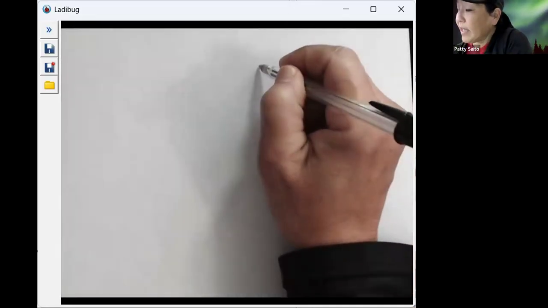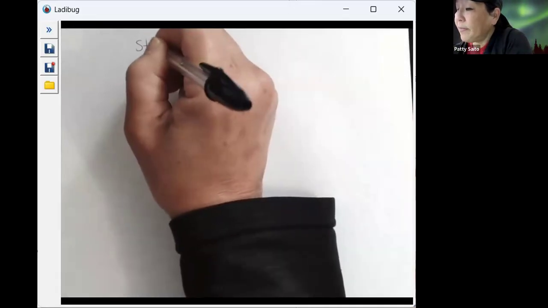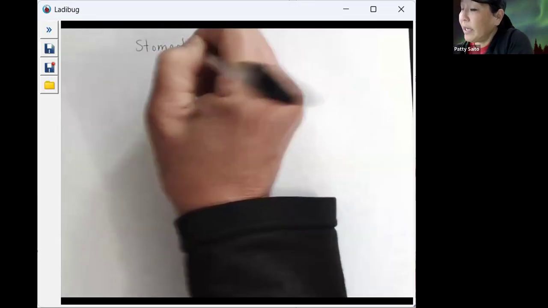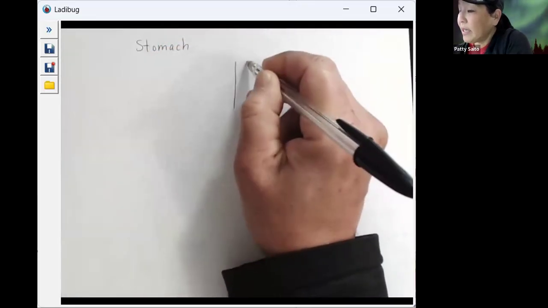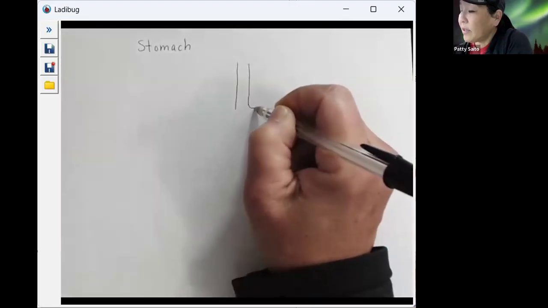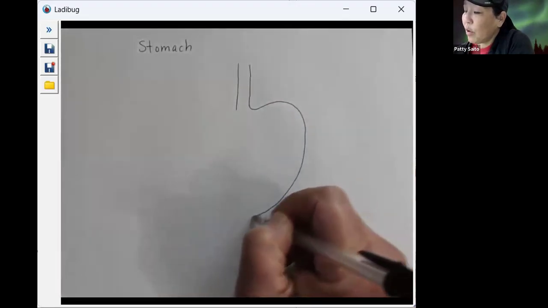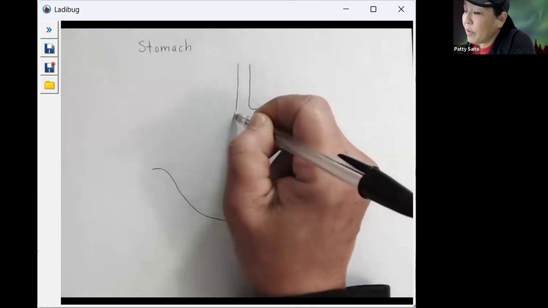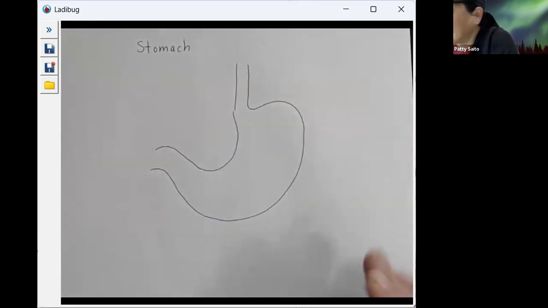So we have the esophagus that drops food down into the stomach. There is a control mechanism there between the esophagus and the stomach.